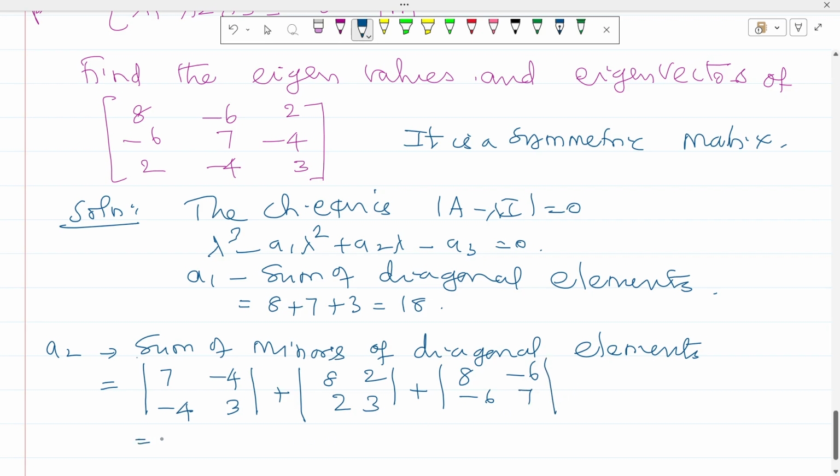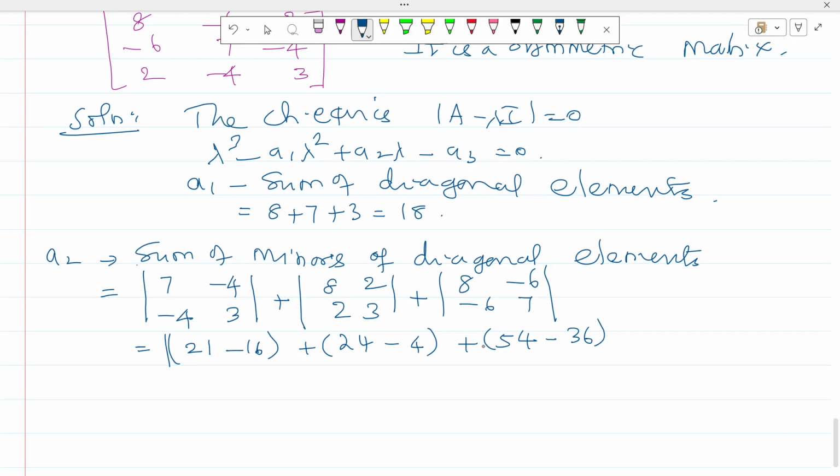Then we are solving this: 21 minus 16, 24 minus 4, plus 54 minus 36.